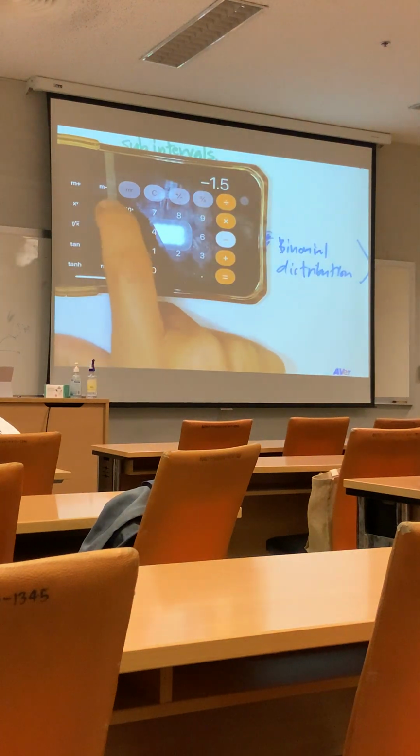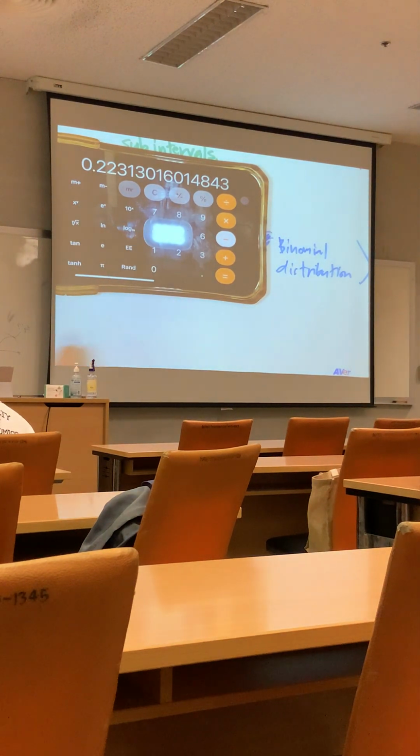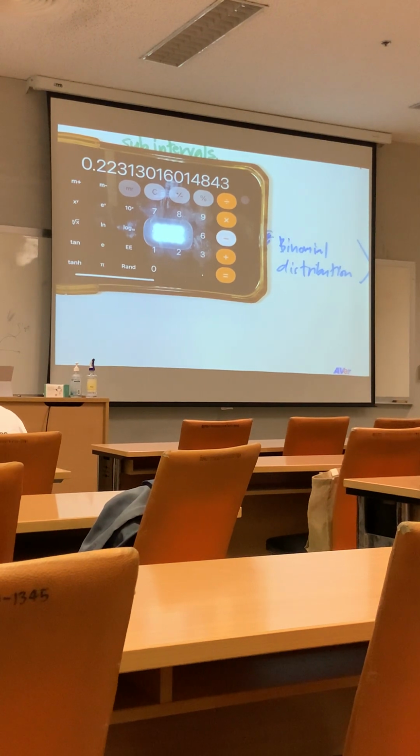Okay, and then we press e to the power of x. So you can see that that number corresponds to the number you have on your lecture note. 0.223130, so it's about a 22% chance of happening.